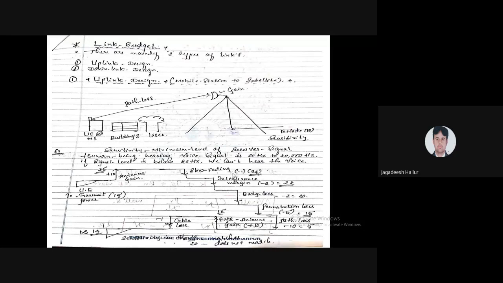Okay, you are seeing this diagram. In this diagram, what you are seeing is the mobile station, that is user equipment. The mobile station is nothing but your user equipment, that is your smartphones. Whatever signal is coming goes from the mobile station to the satellite, that is to the required antenna. In this, it is going to have some losses.